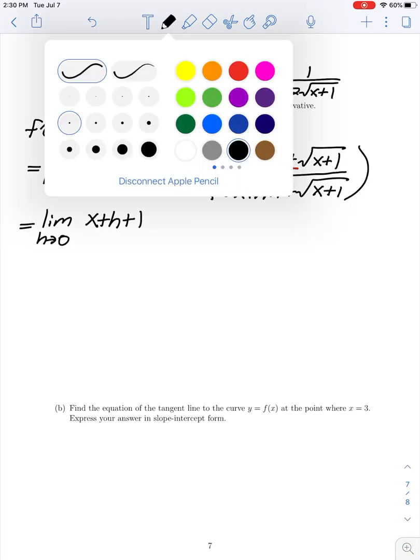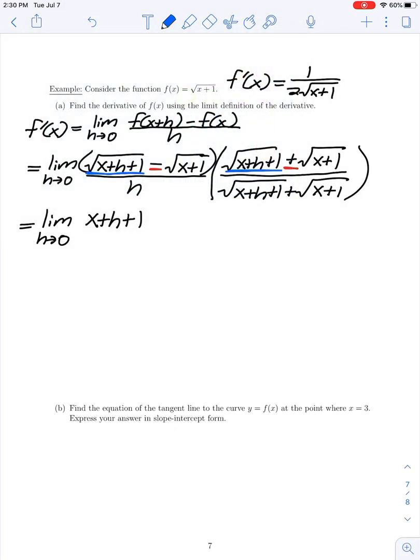Now when we multiply our outer two terms, the square root of x plus h plus 1 times a positive square root of x plus 1, we have the positive product of those two terms. But then when I multiply the inner two terms, I have the negative of square root x plus 1 times the square root of x plus 1 plus h.